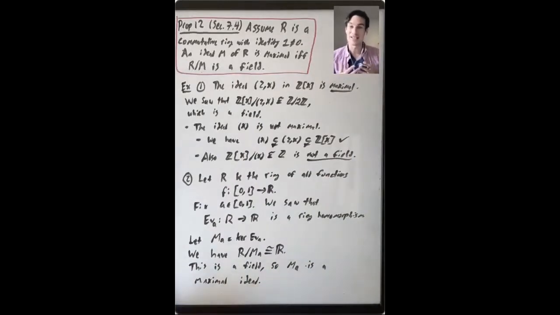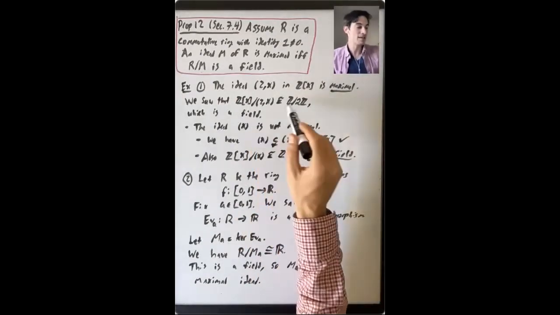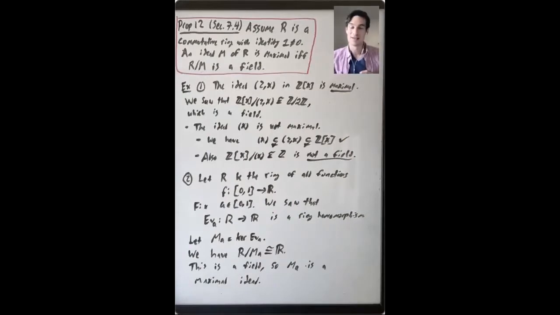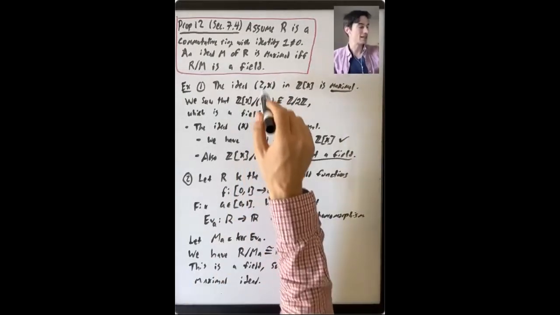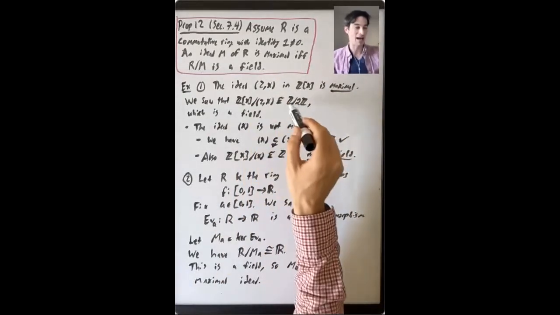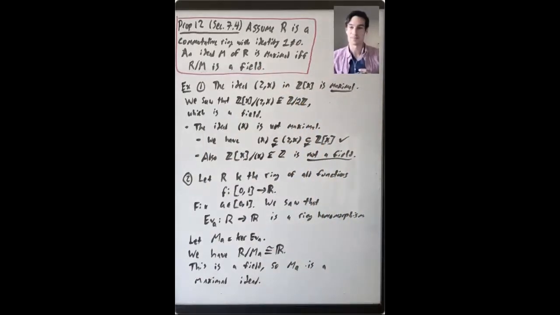We first did this by identifying this ideal as the kernel of a ring homomorphism. And then we also did this by using the second isomorphism theorem for rings and the third isomorphism theorem for rings together. But the point is, Z mod 2Z is a field. So this ideal that we quotiented by must be a maximal ideal.